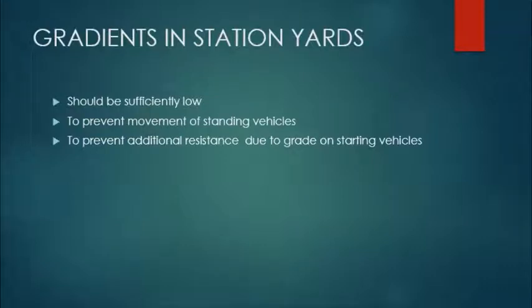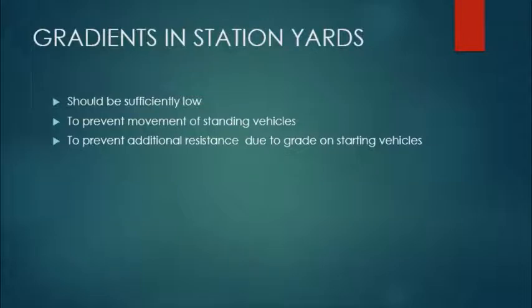To prevent the additional resistance due to the grade on the starting vehicles, which is about twice at the start than vehicle in motion. However, a certain minimum gradient is required to be provided for drainage.